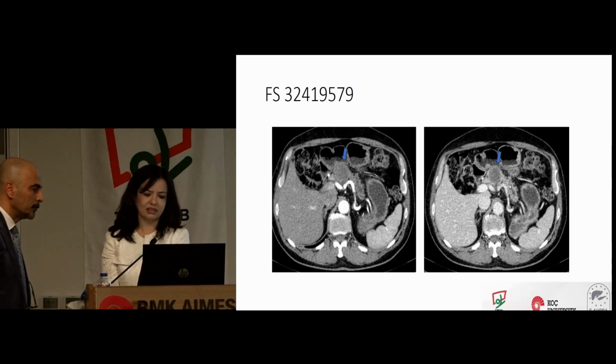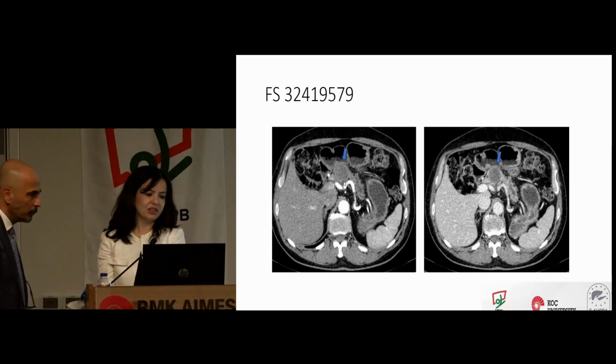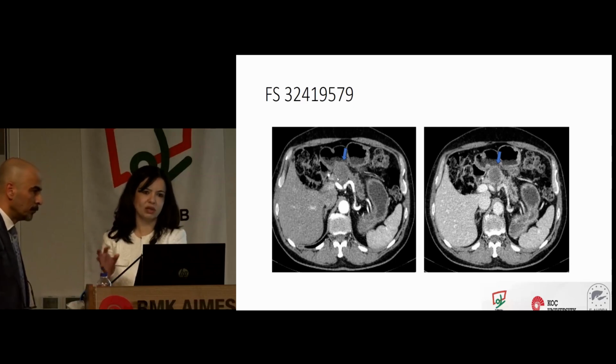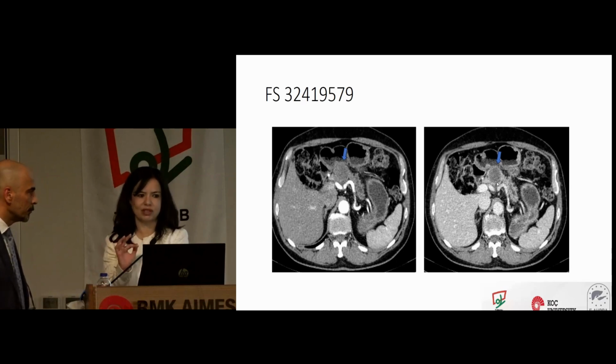You can see the ductal dilatation distal to the lesion, and there seems to be some parenchymal atrophy. The lesion is adjacent to the celiac bifurcation, but there is no objective sign of invasion. There is peripheral rim-like enhancement, and the central part of the lesion doesn't enhance with contrast.